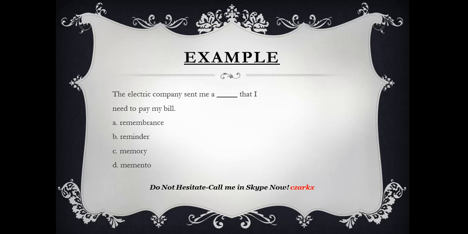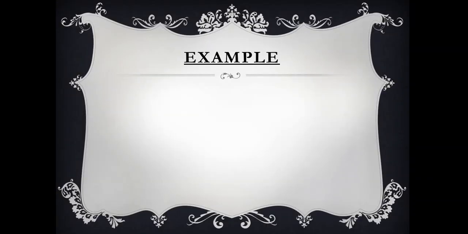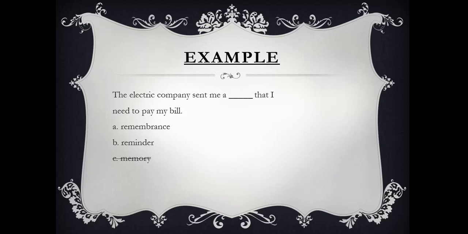So since memory is not correct, memento should not be correct either. So let's eliminate this pair of choices immediately. Alrighty? So we do that. We eliminate memory and memento. Why? Because they both have the same root and because we knew that memory is not the correct one.